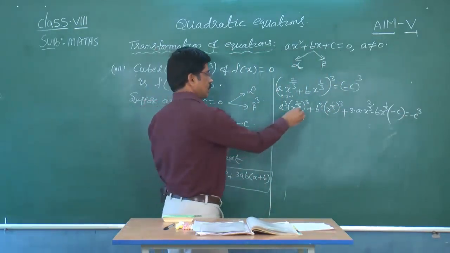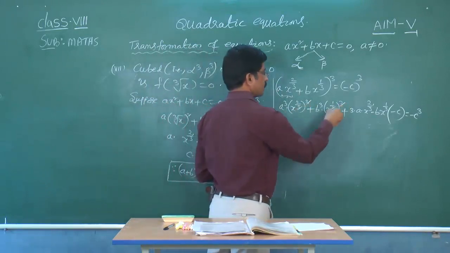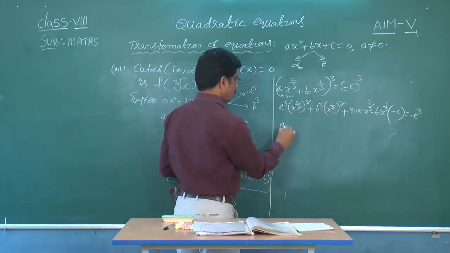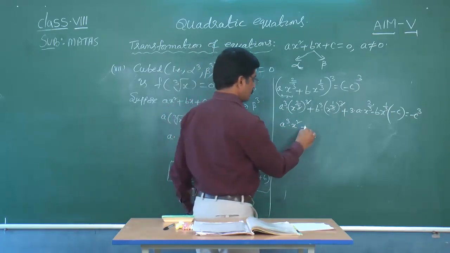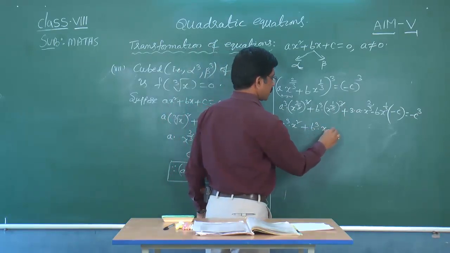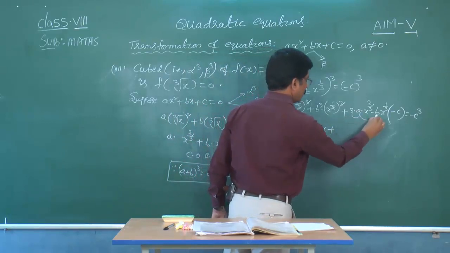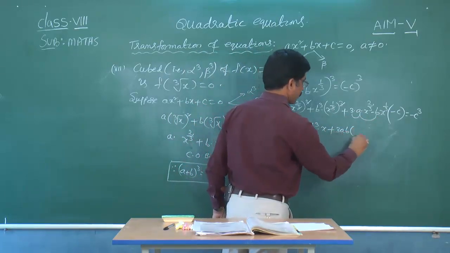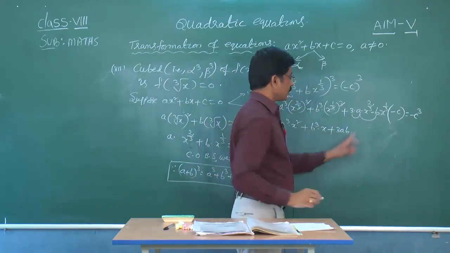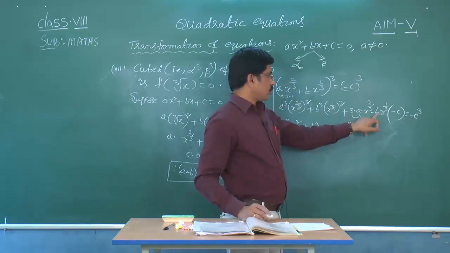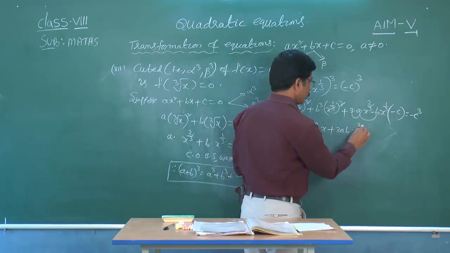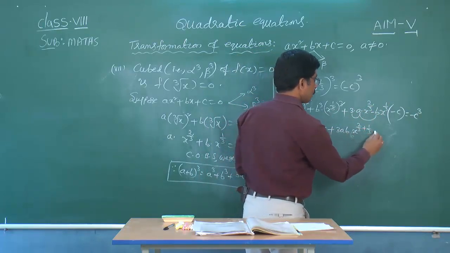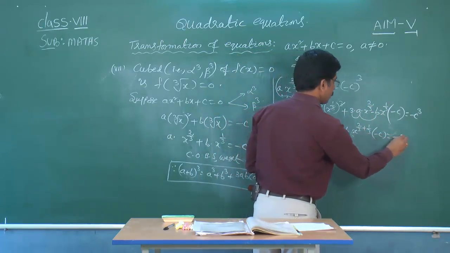Now the 3 cancels: a cube x square plus b cube x plus 3ab into x power 2 by 3 times x power 1 by 3. Bases are the same, so powers should be added: 2 by 3 plus 1 by 3, into minus c, is equal to minus c cube.